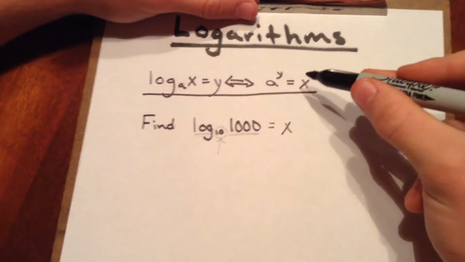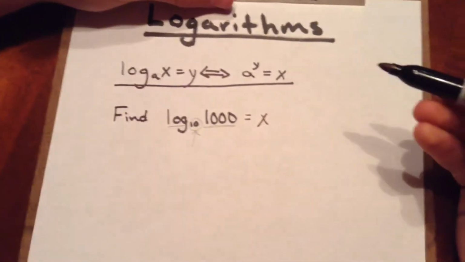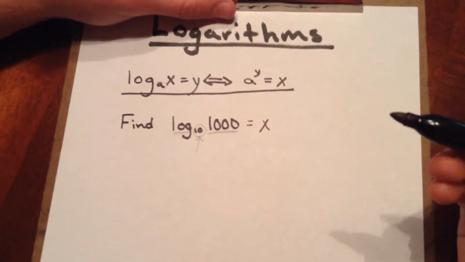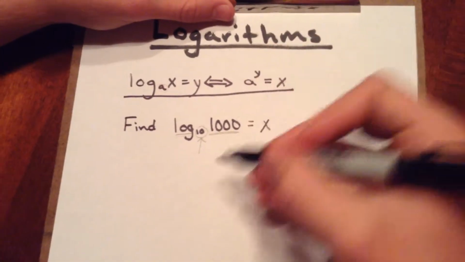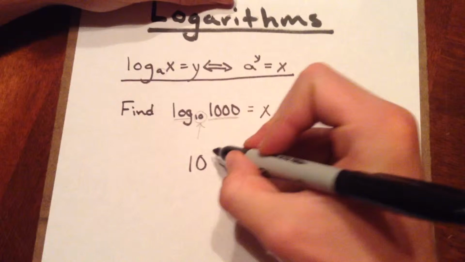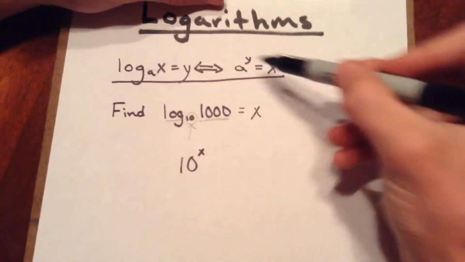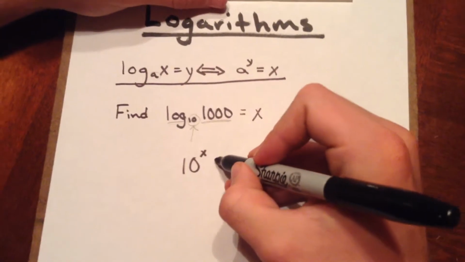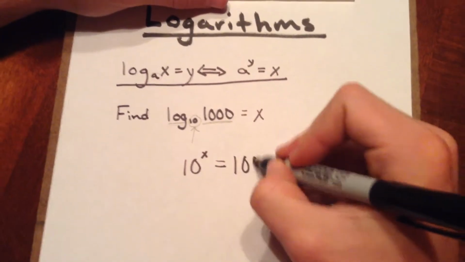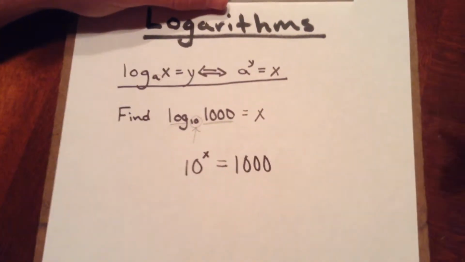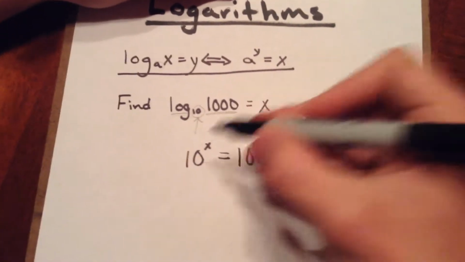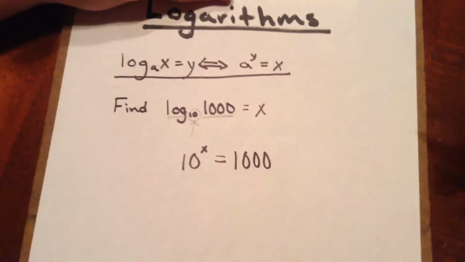Based on our previous equations, we can put it into exponential form, which written that way would be 10 to the x power, because we don't know x yet, and that would equal 1,000. So, all we have to do is figure for x now.